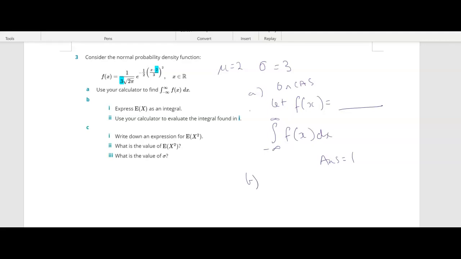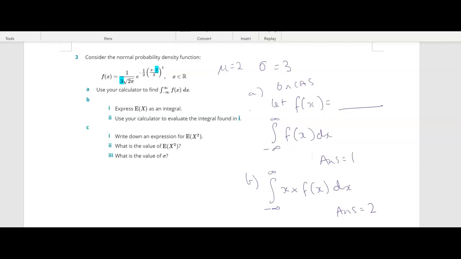And then for B, we're going from negative infinity to infinity, x times f of x dx, and the answer is 2, which we saw before.